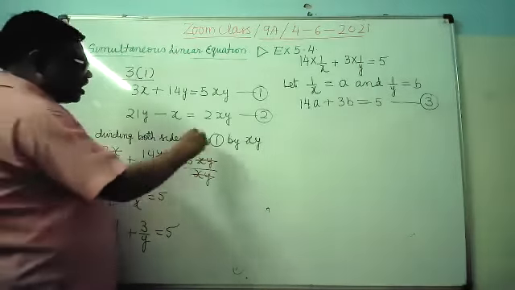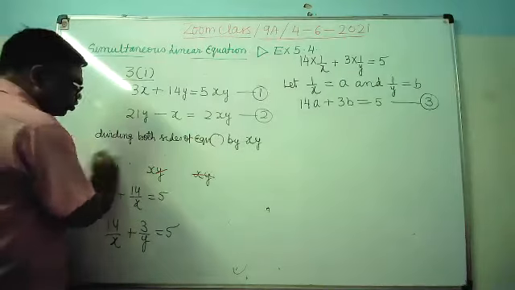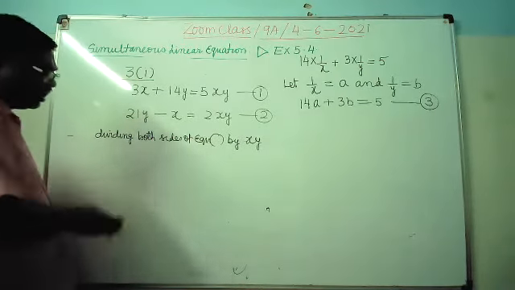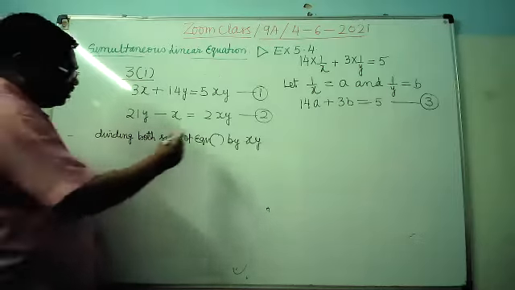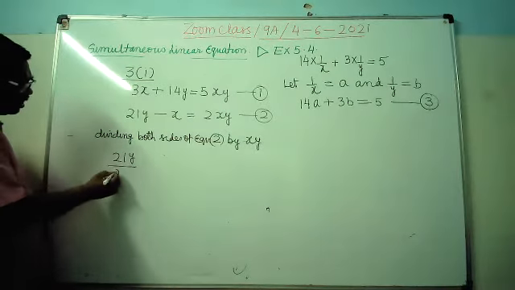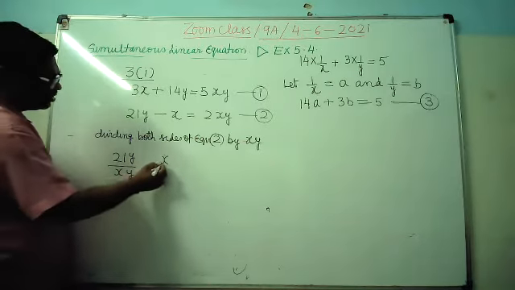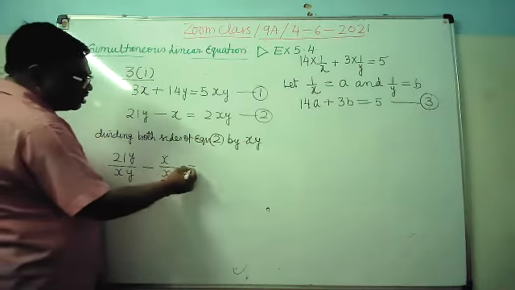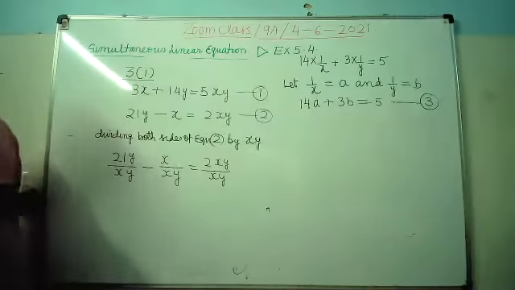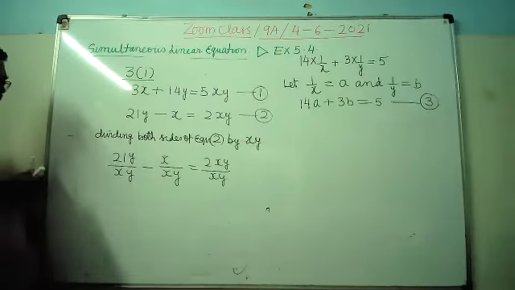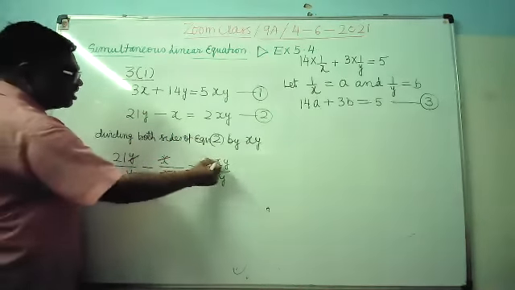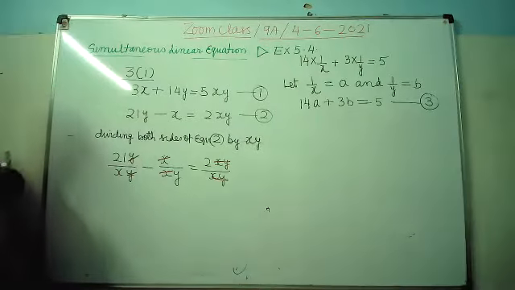Now similarly, you divide both sides of equation 2 by xy. Here equation 2. So this is 21y upon xy minus x upon xy equals 2xy upon xy. When you simplify, what will you get? y with y, x with x cancel, xy cancels.